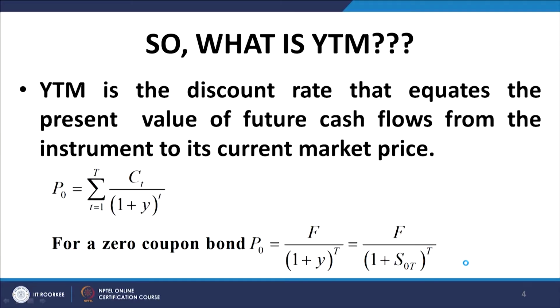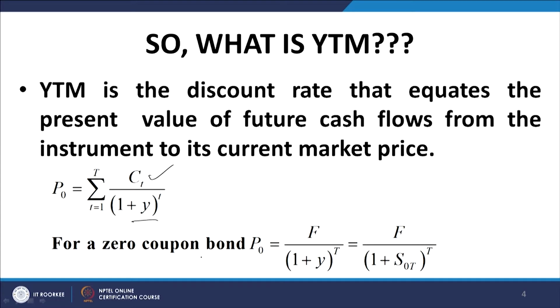In other words, it is the value of y that satisfies this equation: P0 is equal to the summation of present values of all future cash flows. These are the cash flows and these are the discounting factors.